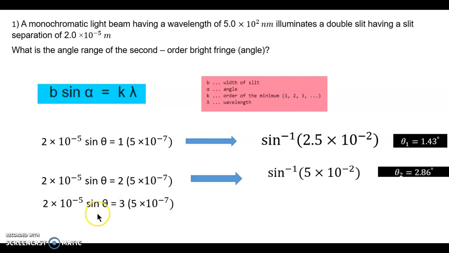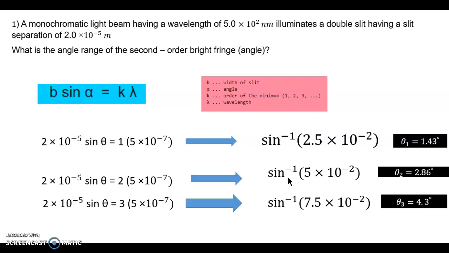Solve for theta. You will gain, again, shift sine of 7.5 times 10 to the negative 2. Read the pattern here, 2.5, 5, 7.5. Please try to understand it. So you will get 4.3. Again, 2.86 plus 1.43, you will get 4.3 almost. You just do 1.43 times 3, you will get this result.